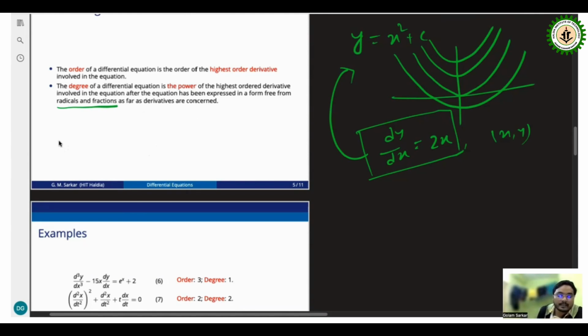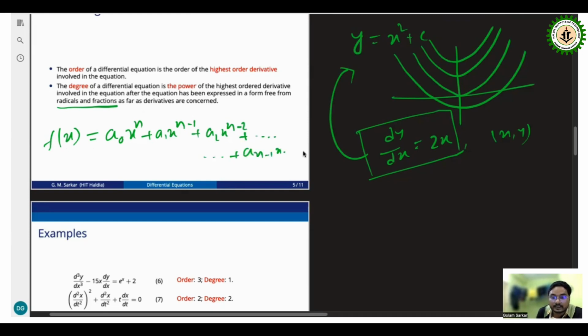Now, if you take the simple definition of the degree of a polynomial, what will you get? Suppose f of x is a polynomial of degree n, then we can express this polynomial in the form a naught x to the power n plus a1 x to the power n minus 1 plus a2 x to the power n minus 2 plus dot dot dot plus a n minus 1 x plus a n, where a naught is not equal to 0.